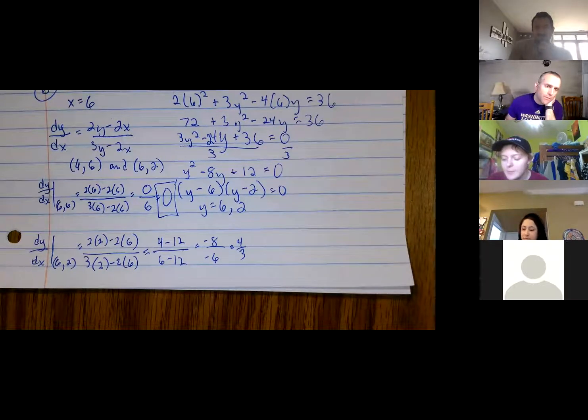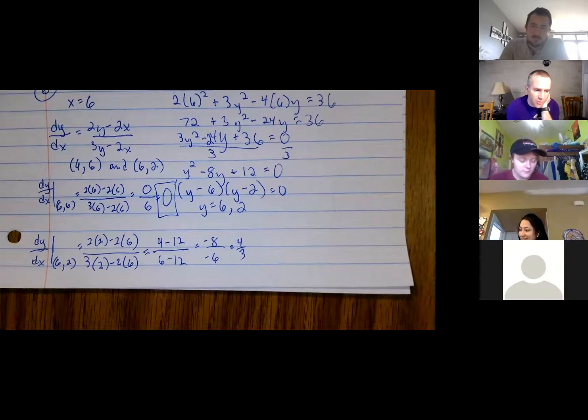The wording of the question says find the slope of the tangent line to the curve at each point on the curve where x equals 6. So just the way that's worded, you're kind of like, well, there might be more than one. Like one of those other questions says find this value or state that it does not exist, so when you get that it doesn't exist, you realize they left that as a possibility.